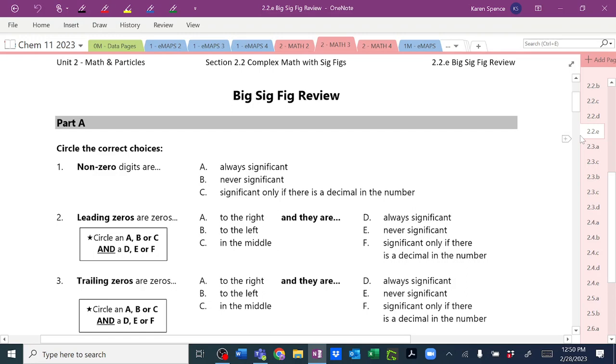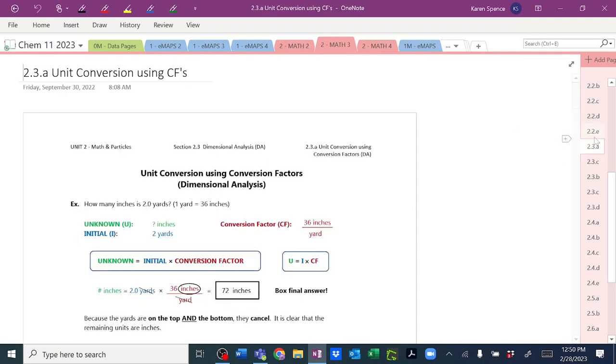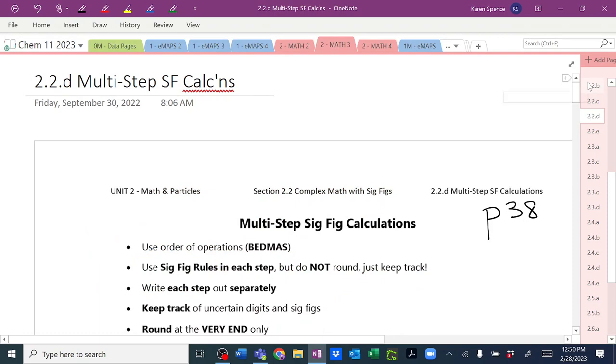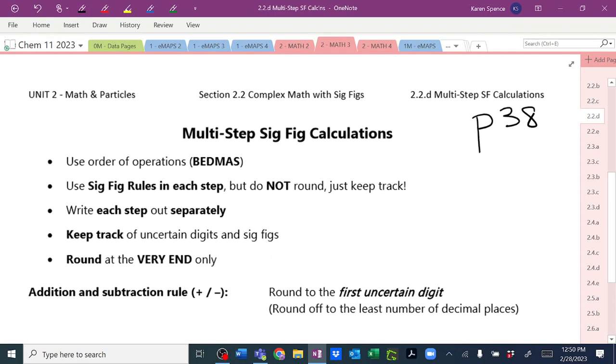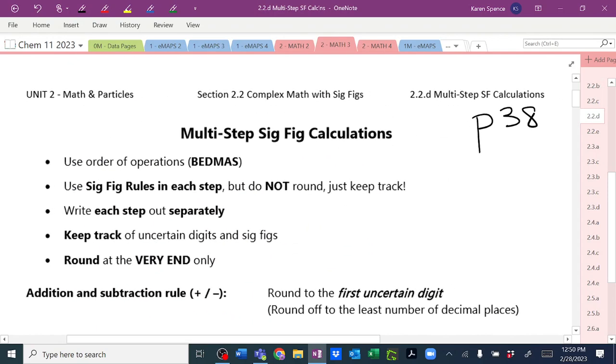Maybe do every second or third question, or skip the super easy ones. But we are on 2.2D, page 38, multi-step Sig Fig calculation.